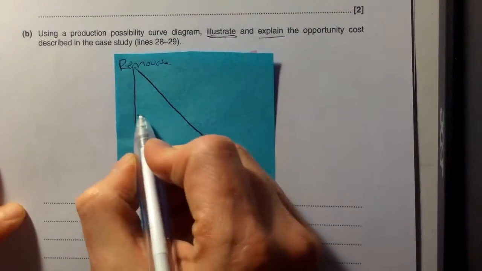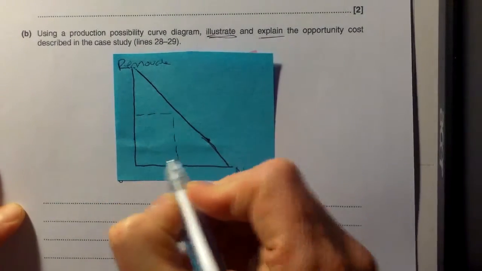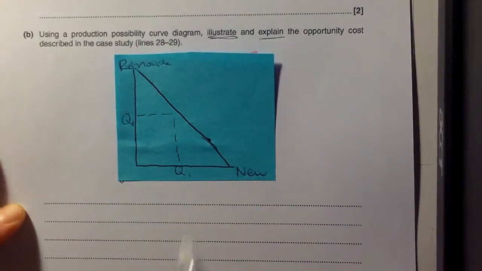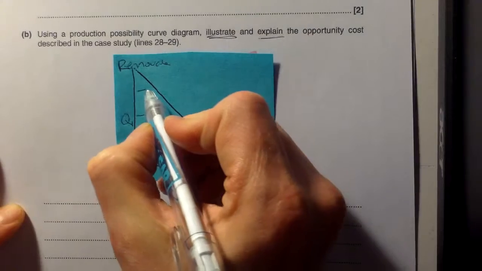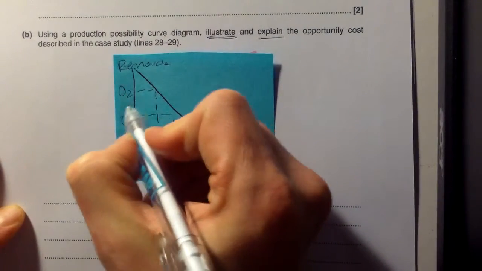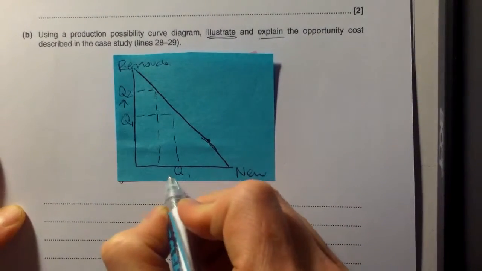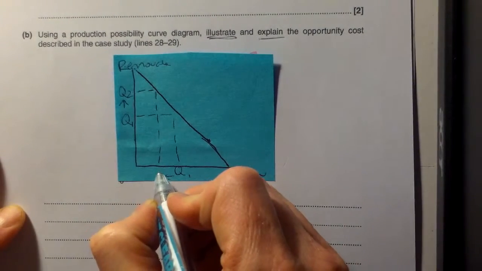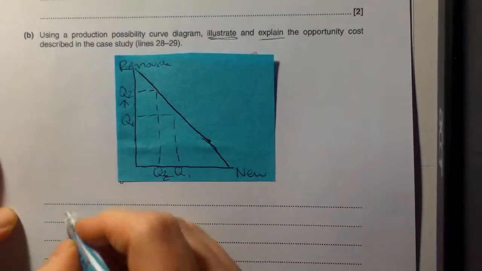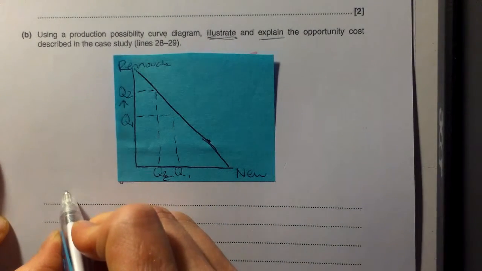And what you can talk about is the scarce resource. So quantity one. If the government decides to renovate more homes, there will be less money available for them to build new dwellings.